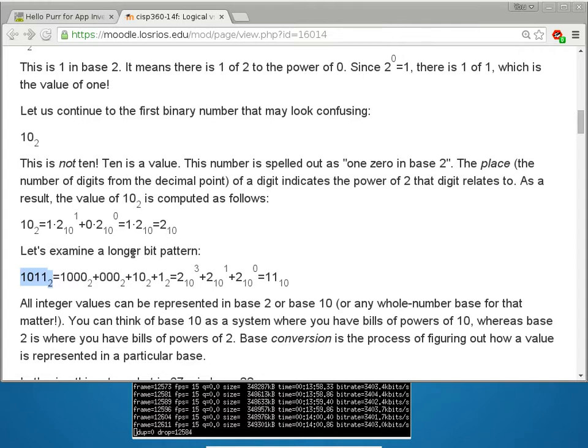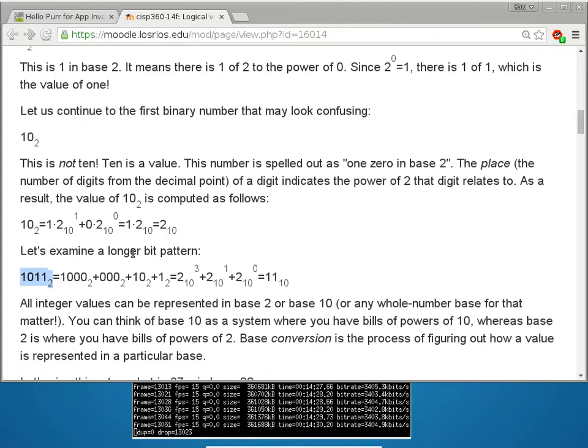Okay, so which one is it? Is it 1011 in base 2 or is it 11 in base 10? It is both. A number is nothing more than a way to represent a value. It's just like with me: I can be known as Tak, I can be known as my Chinese name, I can be identified by my employee number, my social security number, my driver's license number, and so on.